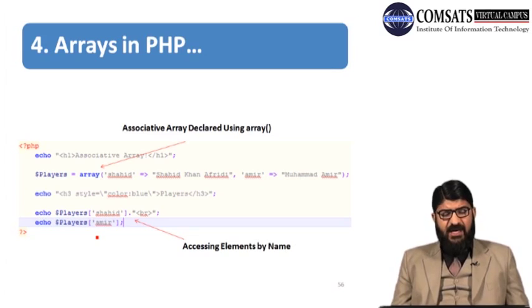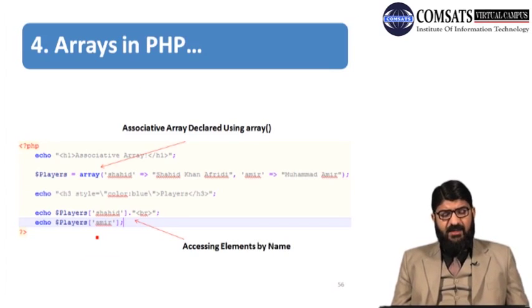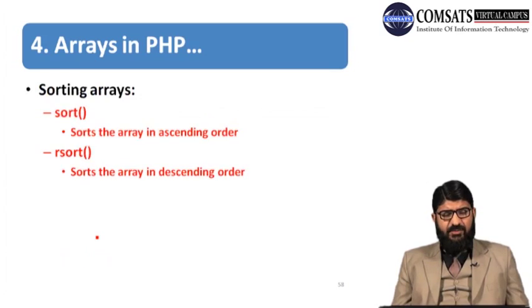The array has Shahid Khan Afridi, Amir and Muhammad Amir, and then players are displayed, accessing the elements by name. So if you want to access a particular element by the name, then you give players Shahid, you are accessing it, and then players Amir, you are accessing it. So it will represent Shahid Khan Afridi and Muhammad Amir as the required output.